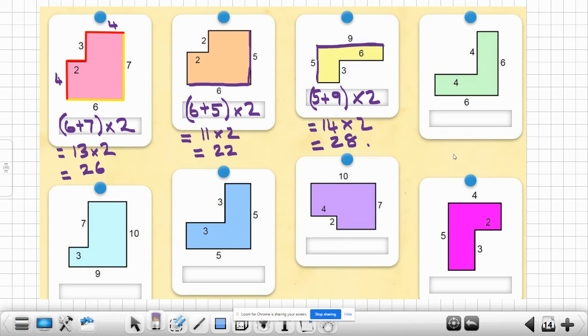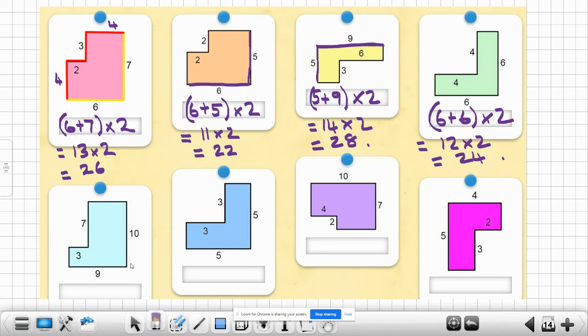So if you feel confident, pause the video, do each of these, and then you can play it to check your answers. Okay, pause now. So 6 plus 6 multiplied by 2 is 12 times 2, 24 units.